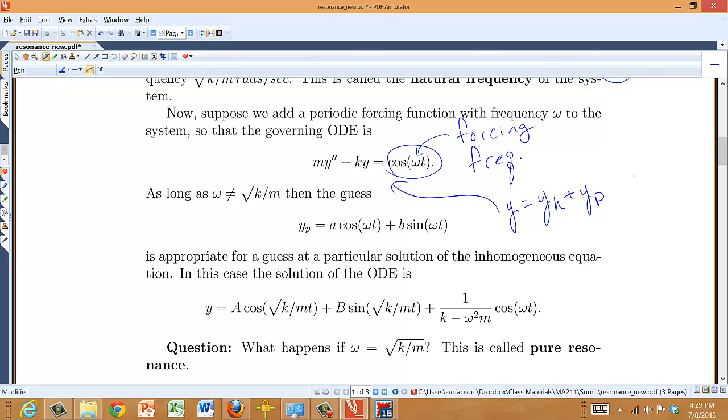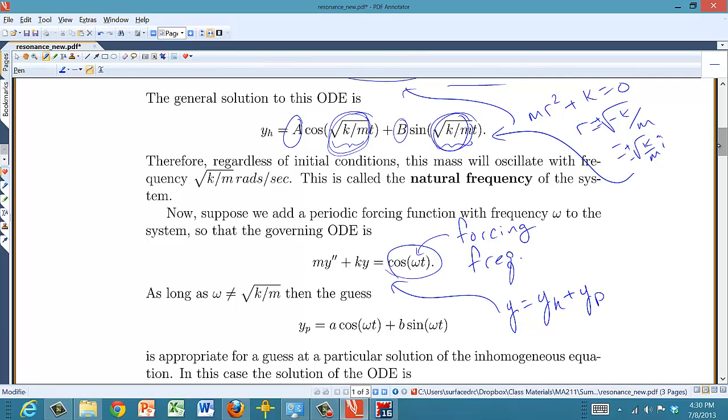And to do that, you just take a guess at what the particular solution might look like, right? So to take a guess, you'd say, okay, well, I have this periodic forcing term on the right hand side, so my guess should be that my particular solution is something times cosine omega t plus something times sine omega t.